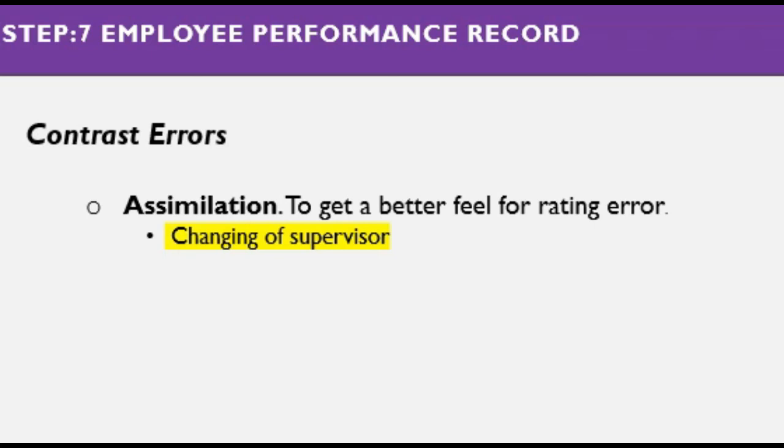Tapos dahil sa nagkaroon ng halo effect, ng contrast error, malilimitahan ka ngayon para bigyan siya ng mataas din. So, paano gagawin? Change the supervisor who give ratings dun sa employee.